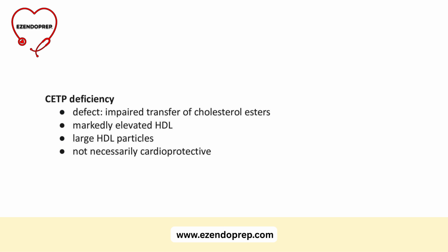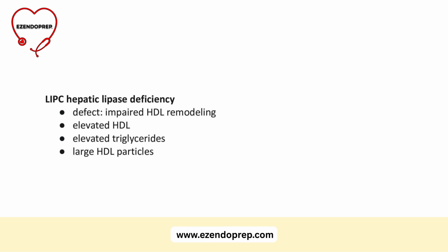Genetic causes of extreme HDL elevation are rare and are typically due to CETP deficiency or loss of function variants in lipolytic enzymes responsible for HDL remodeling, specifically hepatic lipase and endothelial lipase. Although these variants elevate HDL substantially, they do not necessarily confer cardiovascular protection, as HDL particles may be functionally impaired in reverse cholesterol transport.